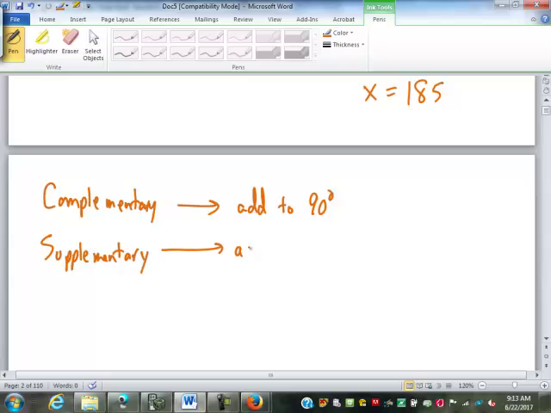That's where they add to 180. And then the other one was vertical angles. That's where they're equal. So those are the 3 situations we dealt with.